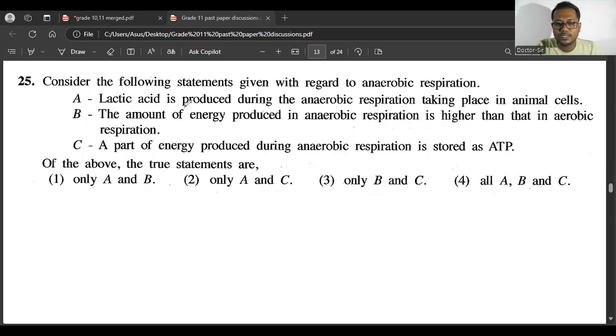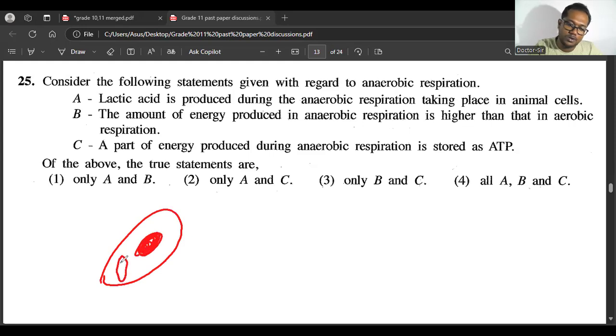First they ask about lactic acid produced during anaerobic respiration taking place in animal cells. If I take an animal cell, this is the cell. We have a nucleus, mitochondria and other cell organelles present here.